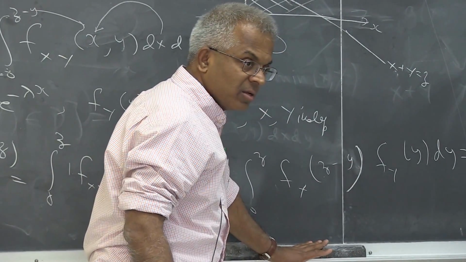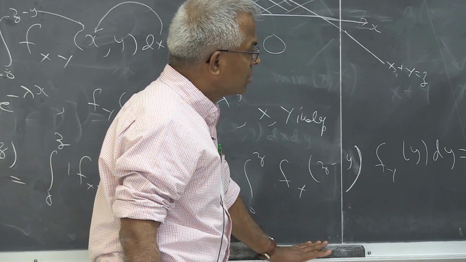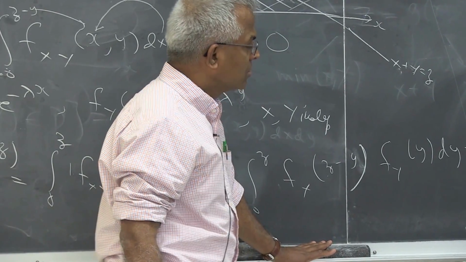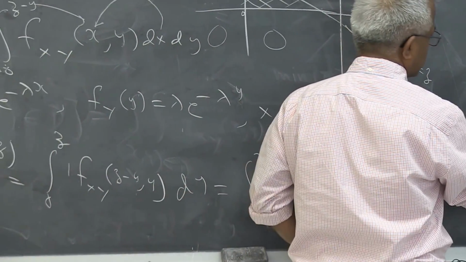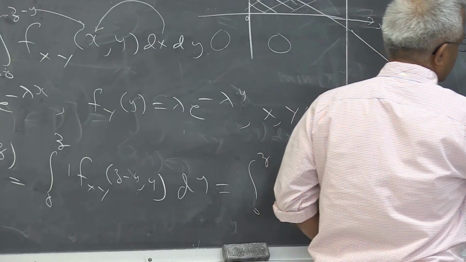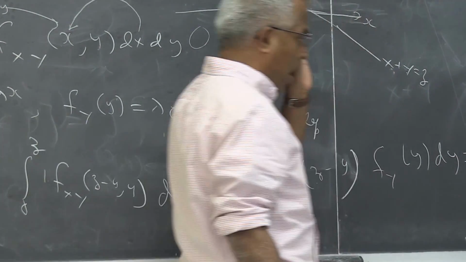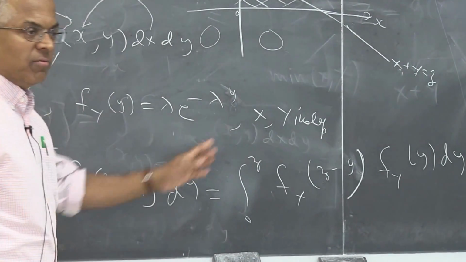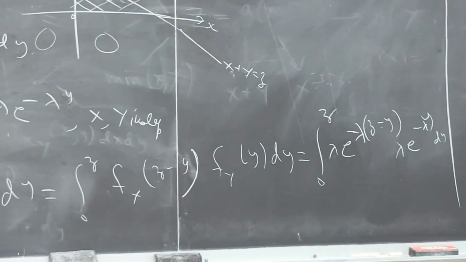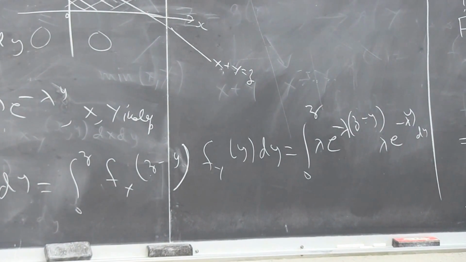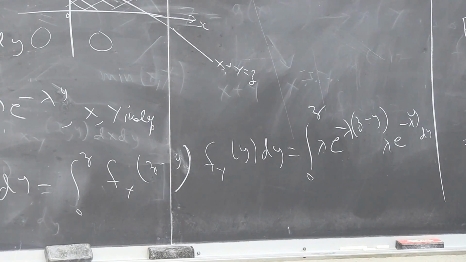You don't see it? So it is not that function, lambda e raised to minus lambda into z. Okay, very good. The variables are good? Yes, of course.